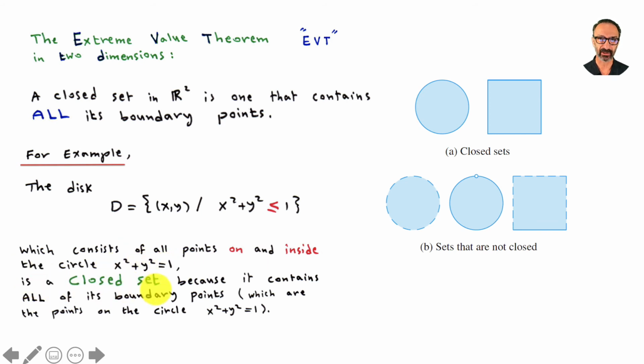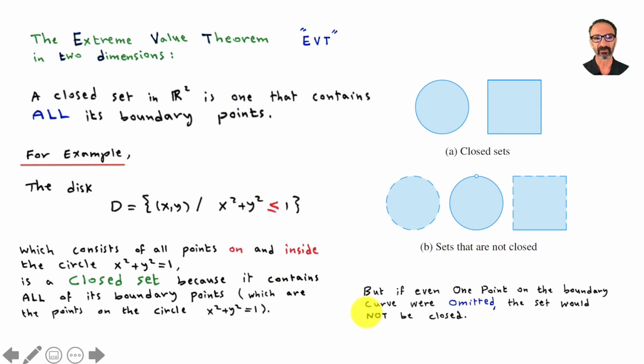It is a closed set because it contains all of the boundary points, the points on the circle x squared plus y squared equals 1, and of course the inside part. But if even one point on the boundary curve were omitted, the set would not be closed.